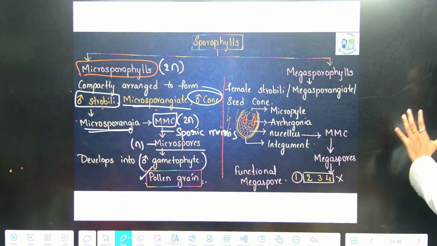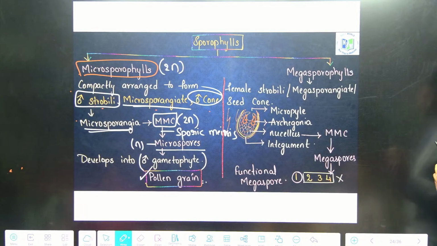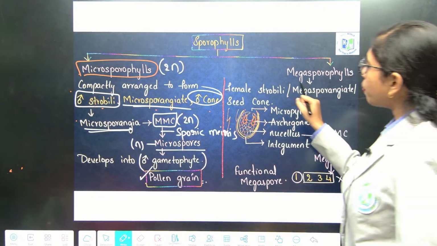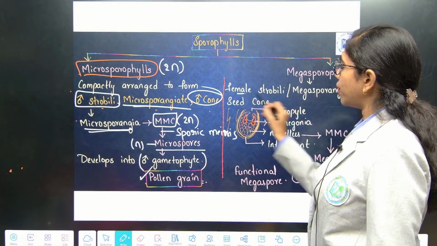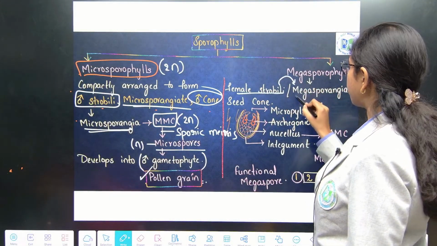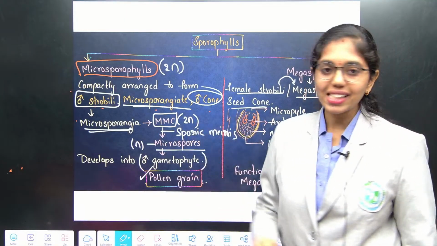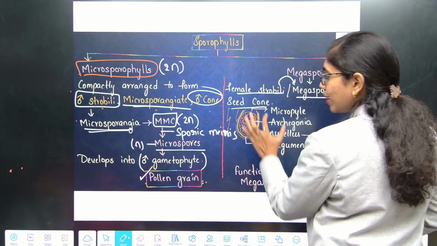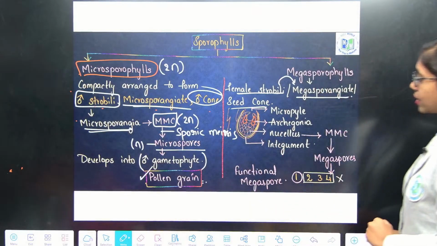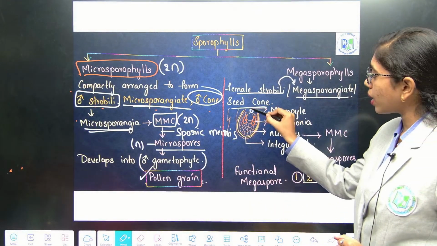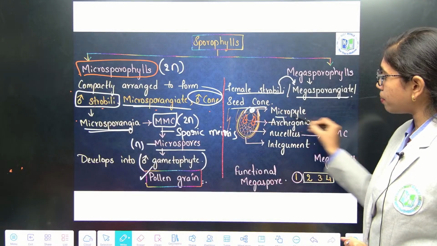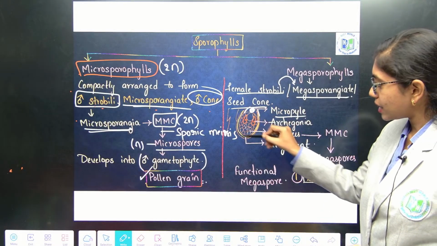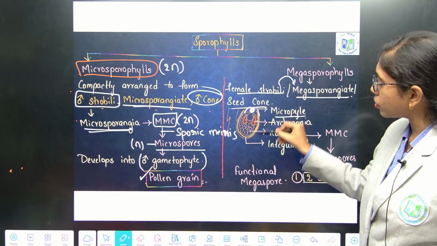Before that, listen to the structural description of megasporophyll also. Megasporophylls are compactly arranged into female strobili, also known as megasporangiate or seed cone. Inside the female cone you can see a pore-like structure above, which is the micropyle end, and it has integuments. Can you see the integuments of this cone?